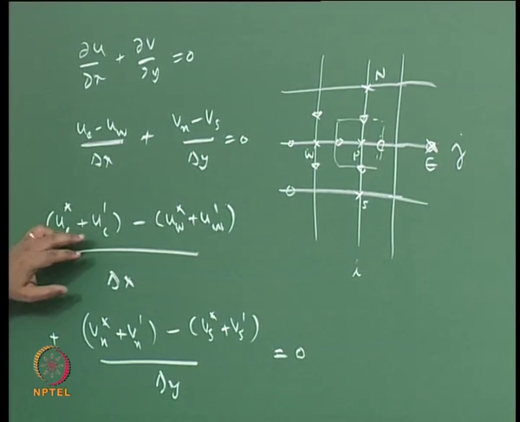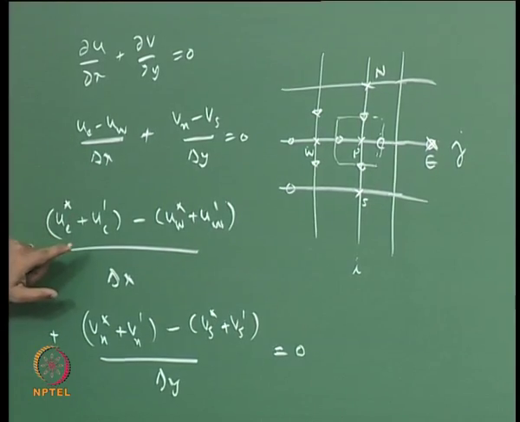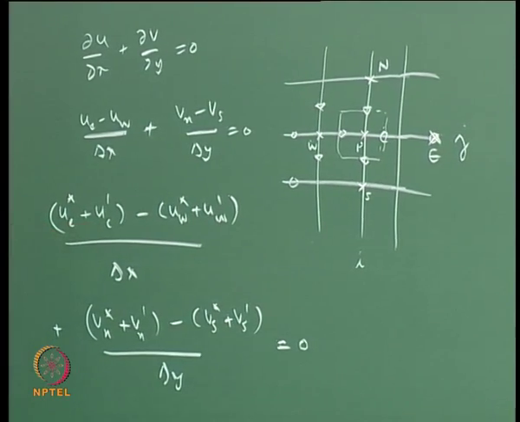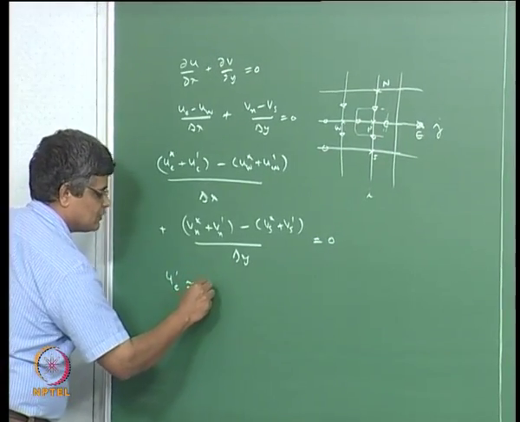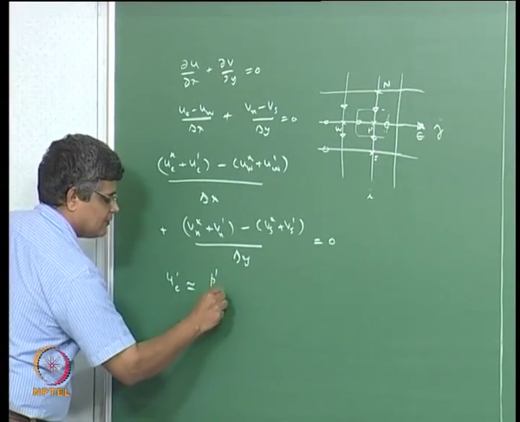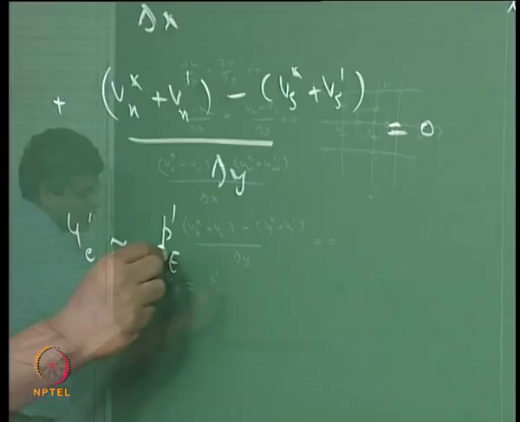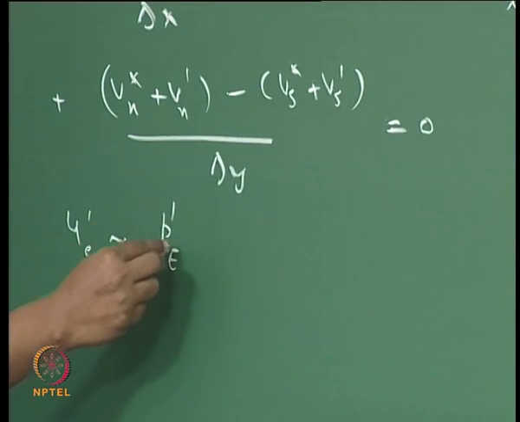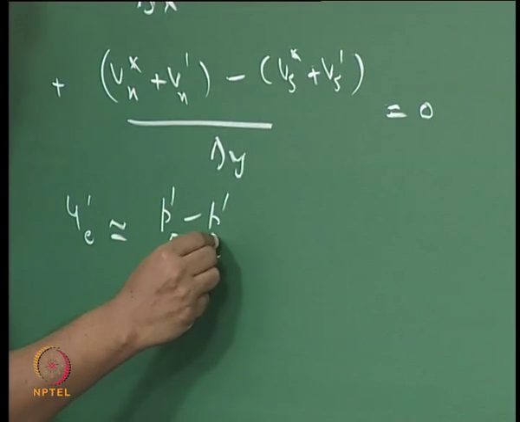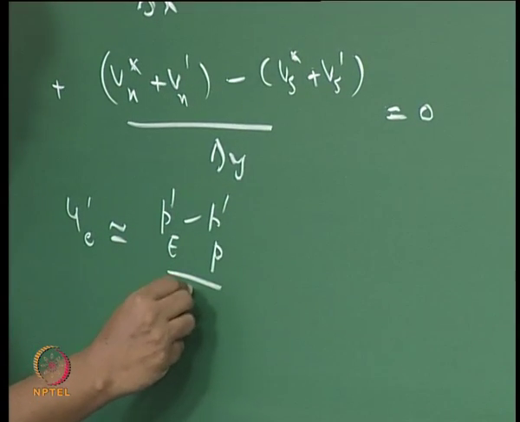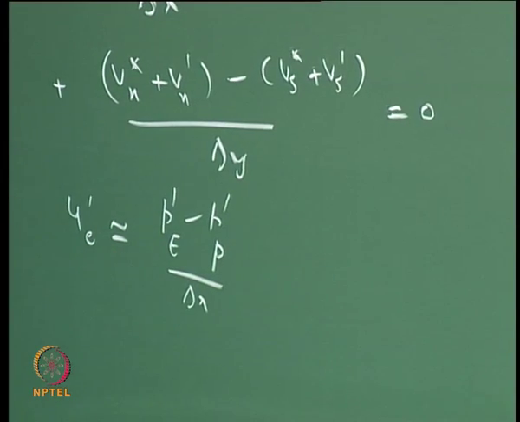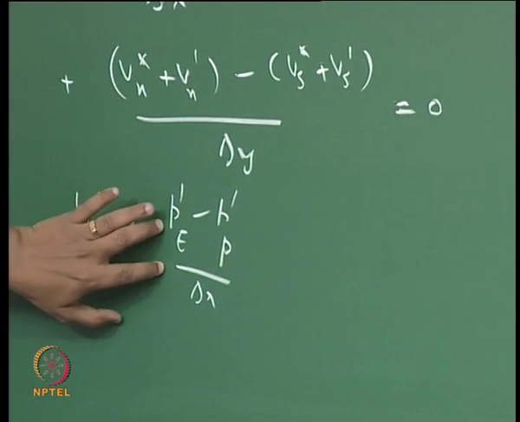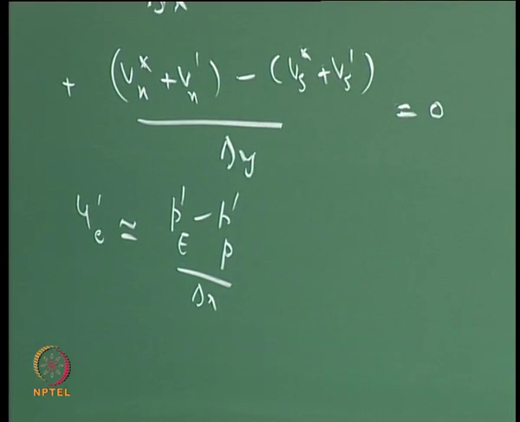And we make use of the approximate form of the corresponding momentum equations to say that UE prime is roughly equal to P prime, that is pressure correction at E, minus pressure correction at P, divided by some delta x with the appropriate units, with some geometrical parameters to make this dimensionally consistent.